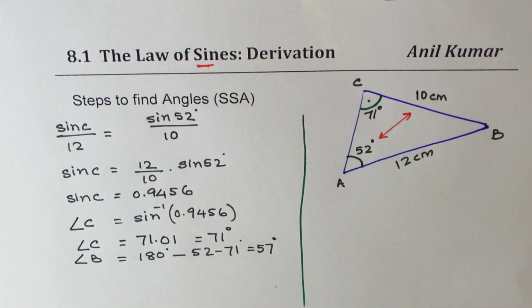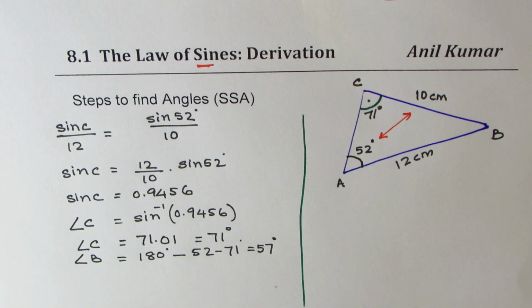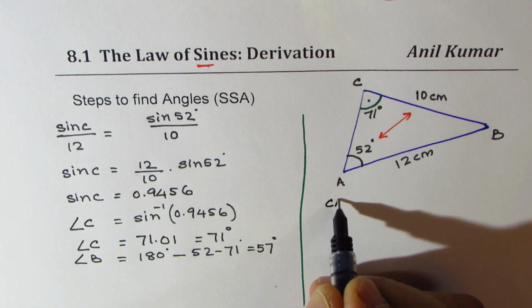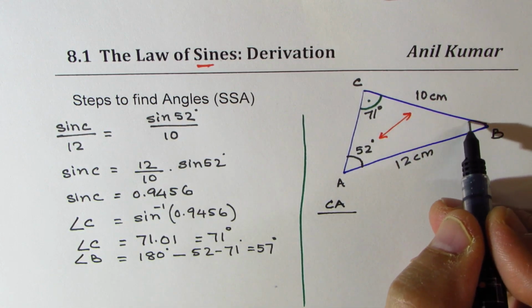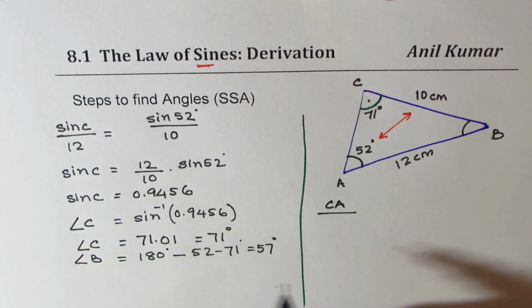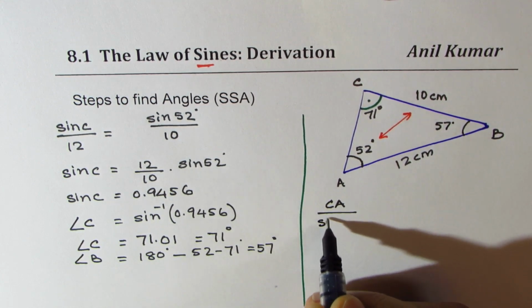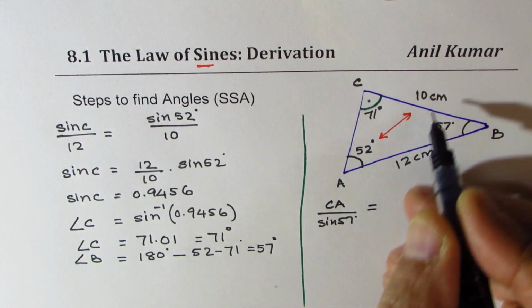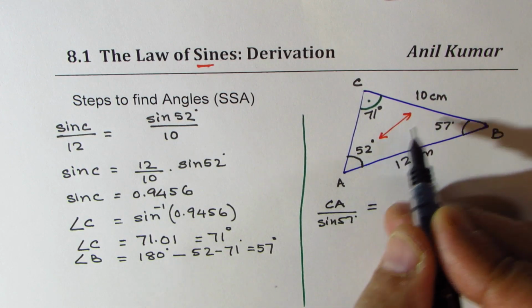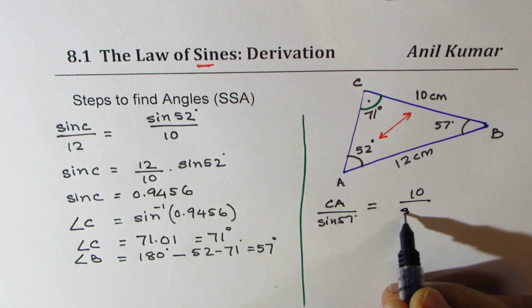Now as an exercise, just to practice, you can also find CA. So let's review the concept. CA I will write on the top. So side length CA over sine of angle B, which we just calculated as 57 degrees, is equal to what was given to us, the side length of 10 over sine of 52.